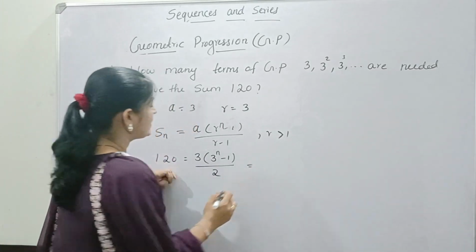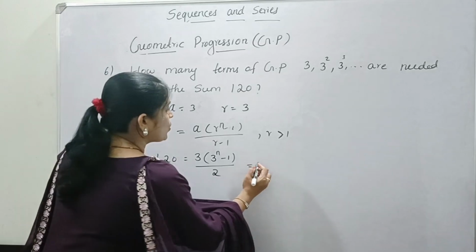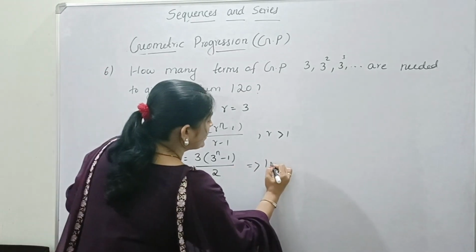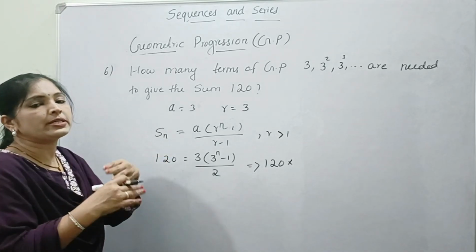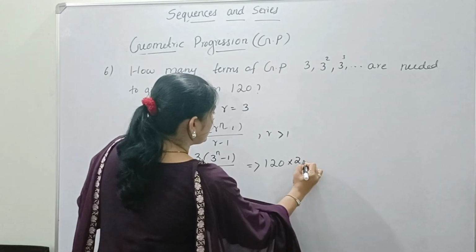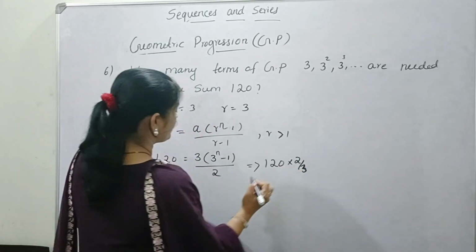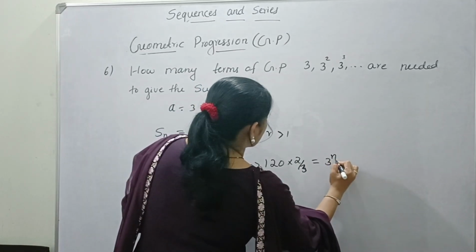Next, take this 3 by 2 to the left side, so it will be 120 into, when we take this to the left side, it will become its reciprocal. So 120 into 2 by 3, that is equal to 3 raised to n minus 1.